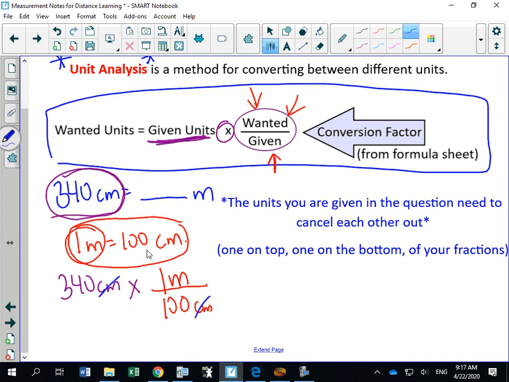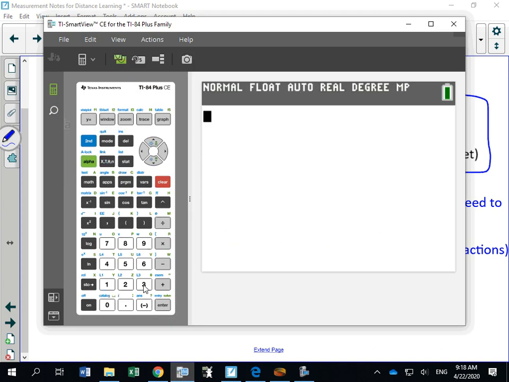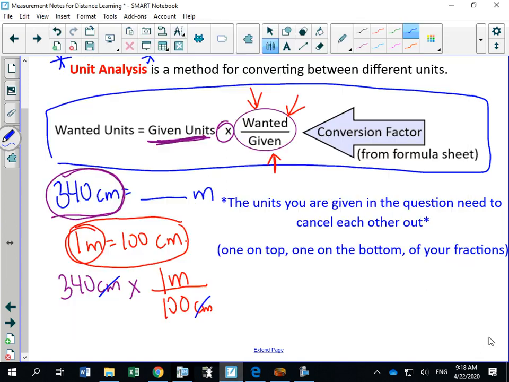Now this multiplication is 340 times 1, which is just 340, and then divided by 100, because 100 is on the bottom, so that means divide. So it would be 340 divided by 100, and our answer would be 3.4 meters.